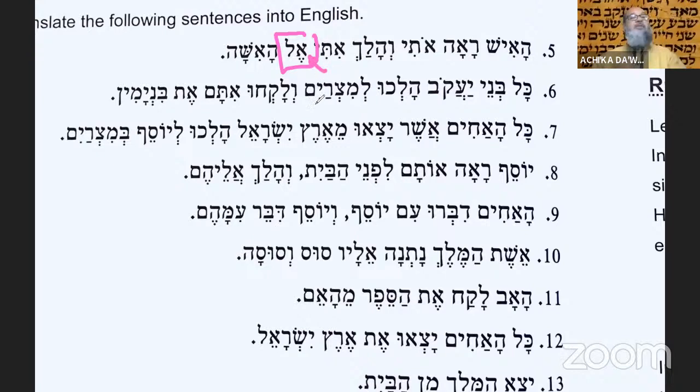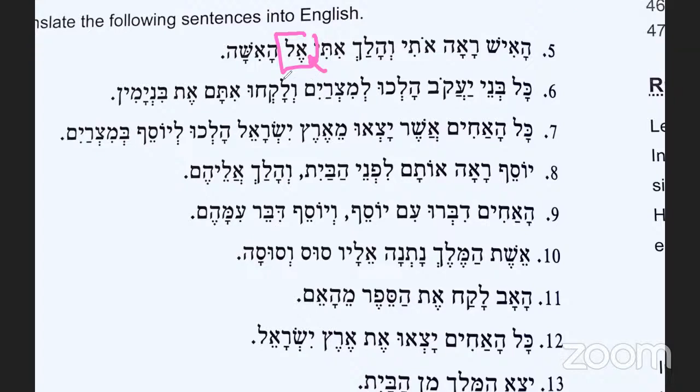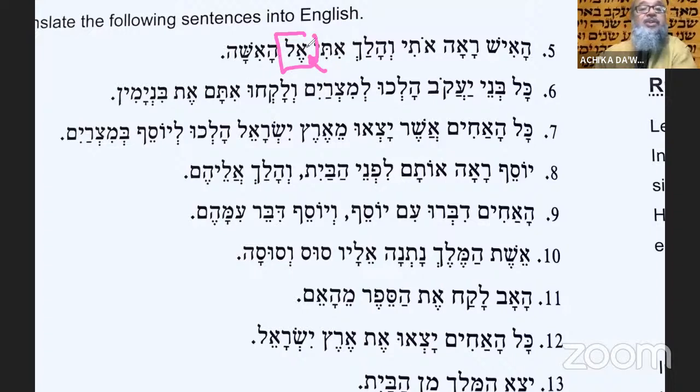That aleph on the front, right? Remember, they're telling us letters, but you and I know what the meaning of these letters mean. We should know. So this is a strong staff, right? El. That's when you see this, when it says "Vayedaber Yahweh el Moshe," meaning he spoke to Moshe with a strong authority, because the staff means authority. Okay.